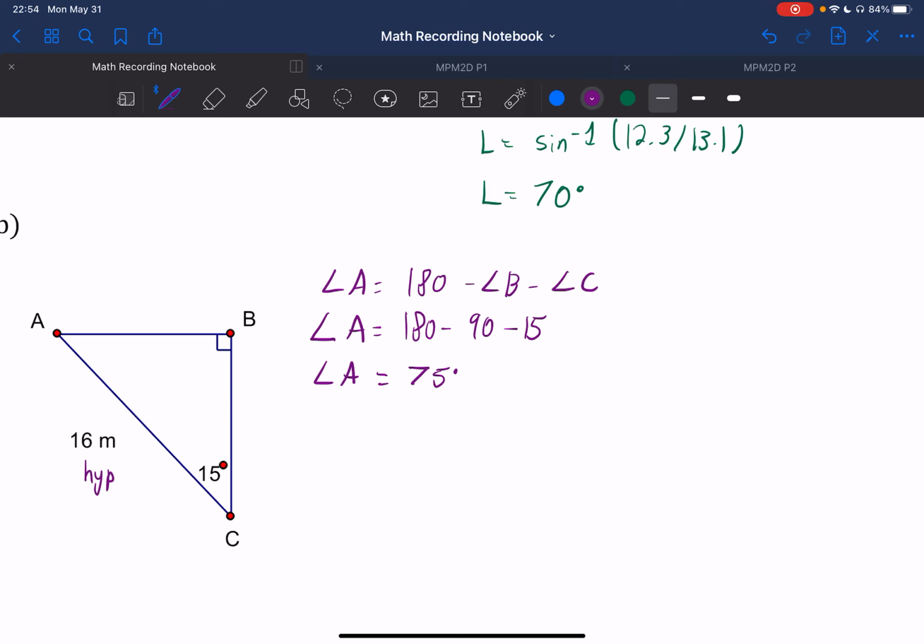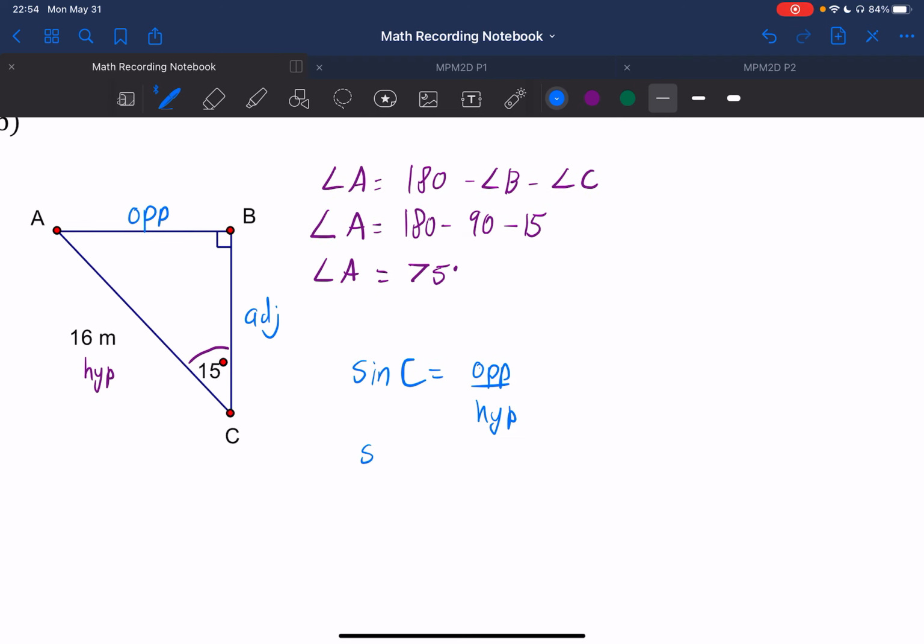Okay, now what we're missing are some sides. So the first thing we can do is find out which one we want to look at and go from there. I'm going to start off by working with 15 because we know 15 right off the bat. So I'm going to start labeling some other sides. We have opposite and adjacent. I'm going to start off by finding the opposite side. So I'm going to do sine C equals opposite over the hypotenuse.